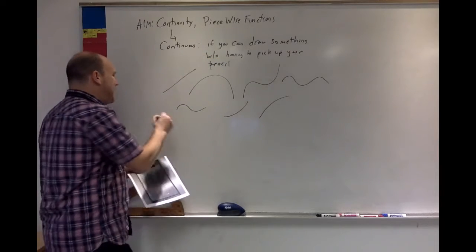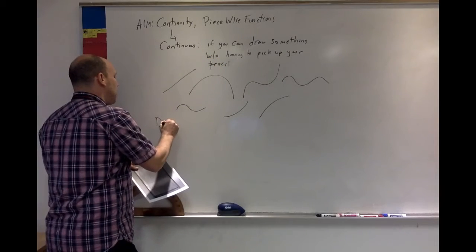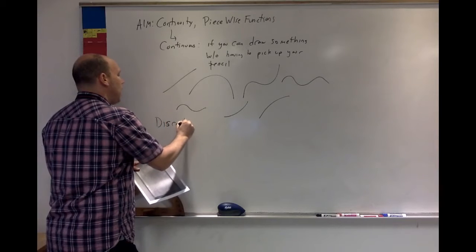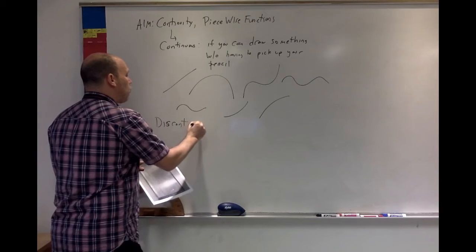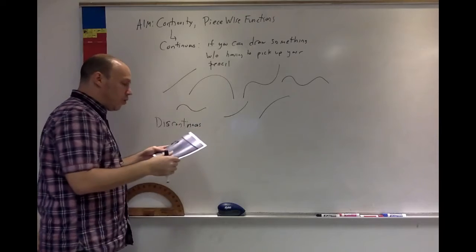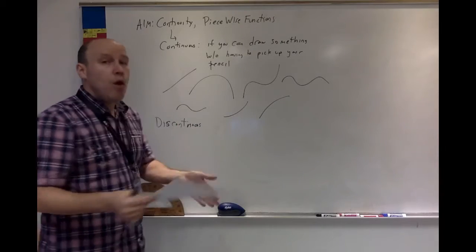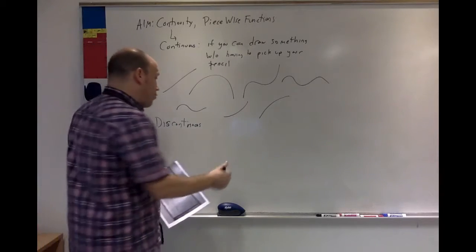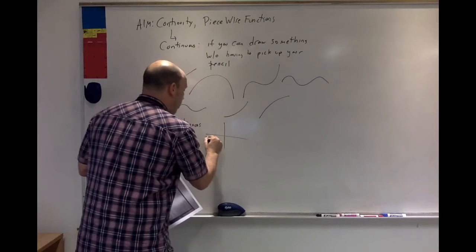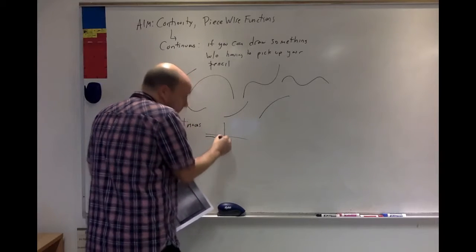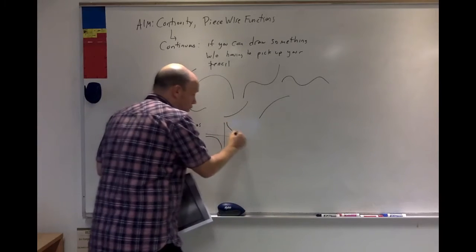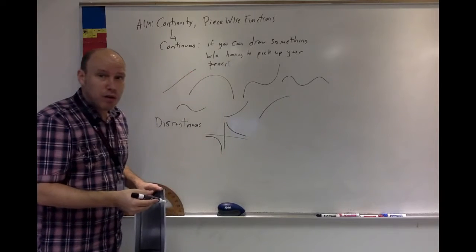What are some of the discontinuous functions? Well, what we've been studying recently, the rationals. So for example, an asymptote, and I have to pick up my pencil and start over on the next branch.